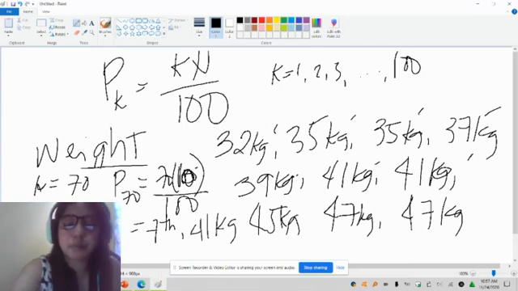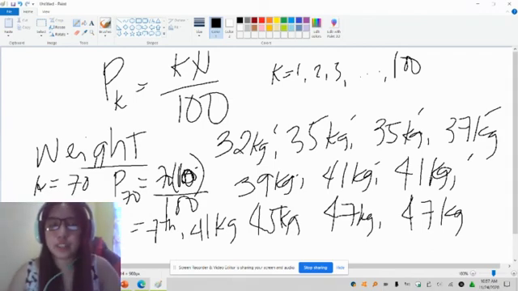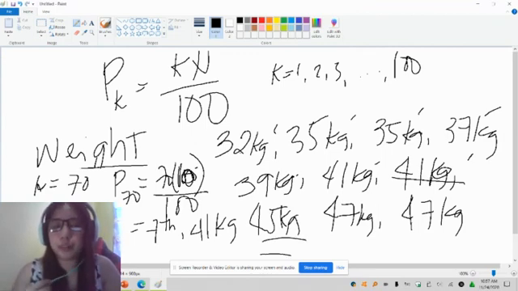For the interpretation, 70% of the students weigh 41 kilograms and below. The data after 41 is 45. So the upper 30% of the data weigh above 41 kilograms.